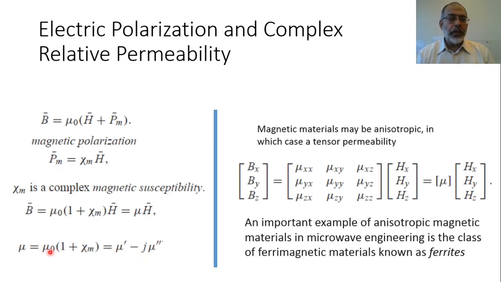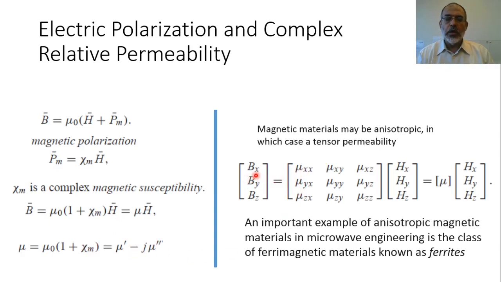In general, the permeability or even the permittivity can be a single quantity in the case of isotropic material, or it can be a tensor in the case of an anisotropic material. So magnetic material may be anisotropic. In this case, the equivalent permeability would be a tensor quantity.